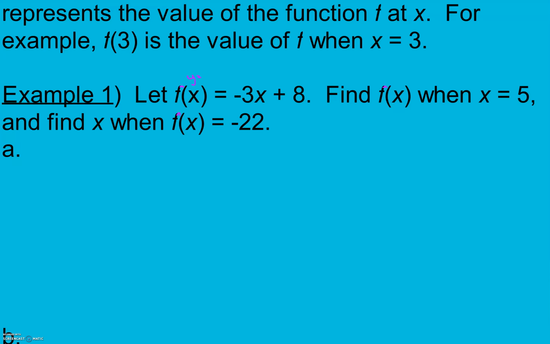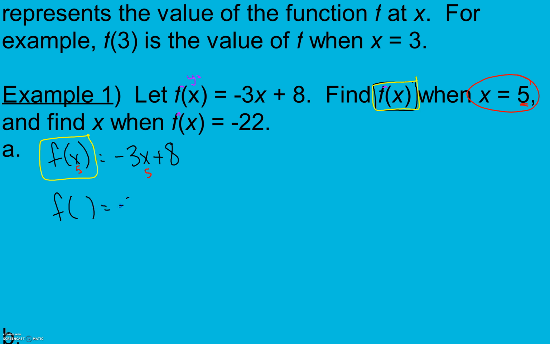So here in A, we're going to start off with f of x equals negative 3x plus 8. I'm looking for f of x when x equals 5. So everywhere I see an x, I'm going to substitute in a 5. I see an x here, and I see an x here. The rest of my equation stays just as it is.